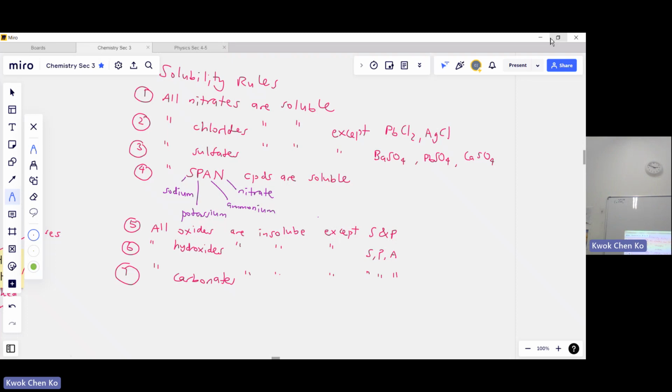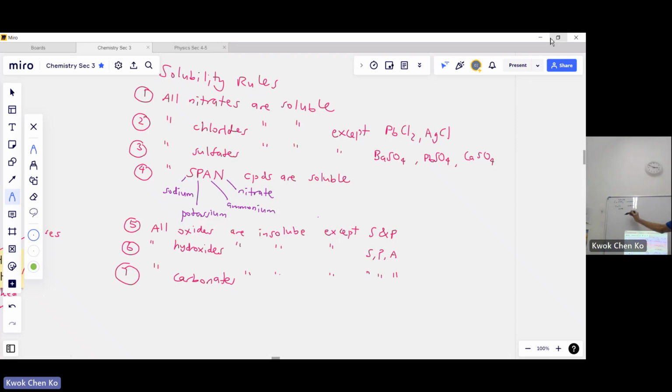Is it ammonium? No. So it is insoluble. Let's do another. Look at your rules for the oxide. Is it sodium or potassium? No. So it is insoluble.